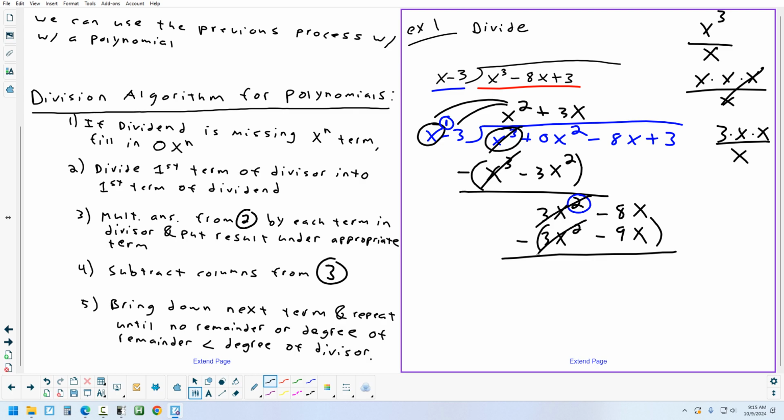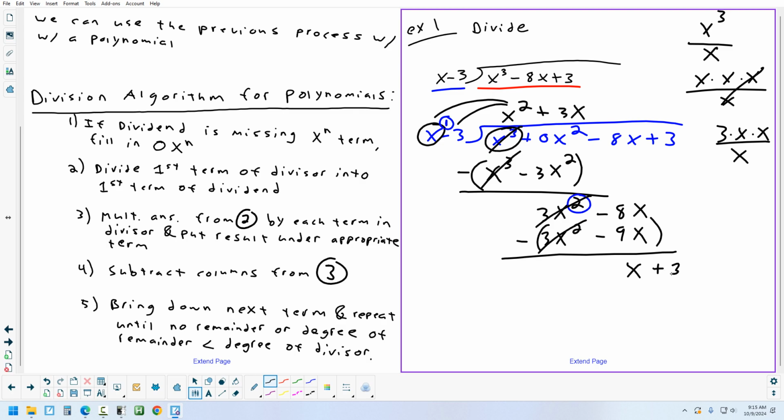That's x. Why is it just x? The negatives cancel. Right. That becomes negative 8x plus 9x. So negative 8 plus 9 gives you positive 1. Okay. Now bring down the next term.